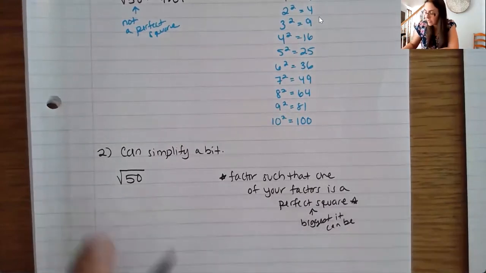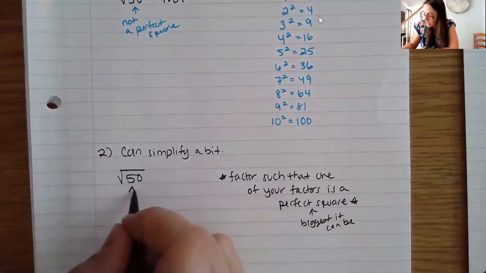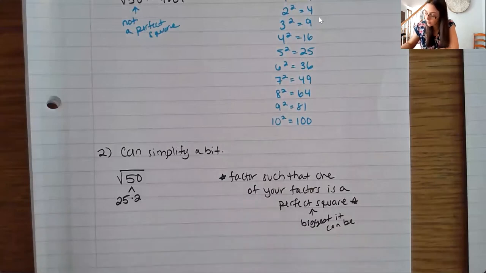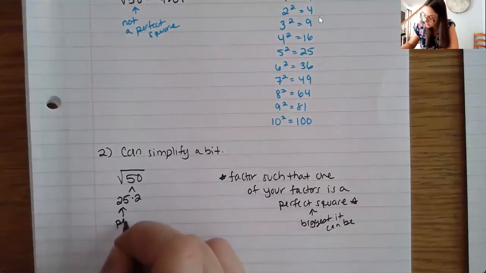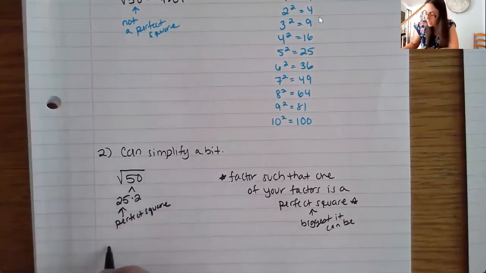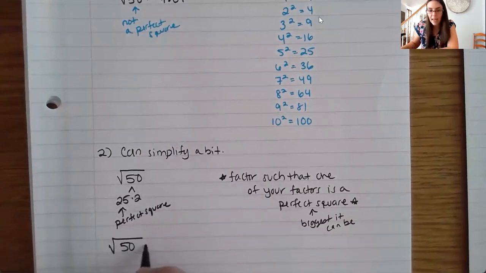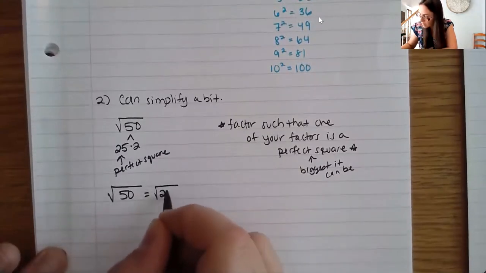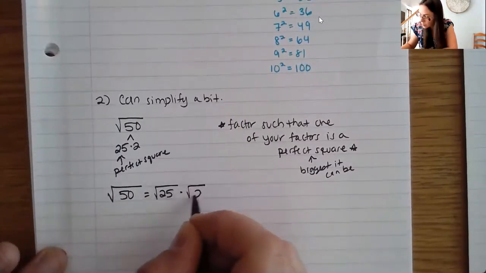So for 50, 50 is the same thing as 25 times 2, right? And 25 is a perfect square. So what I can do is take the square root of 50 and rewrite it as the square root of 25 times the square root of 2.